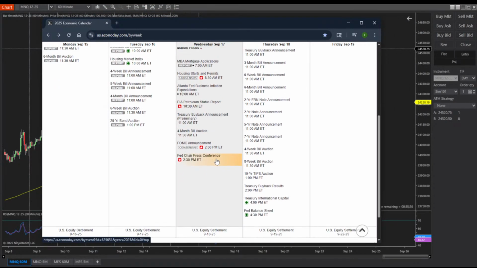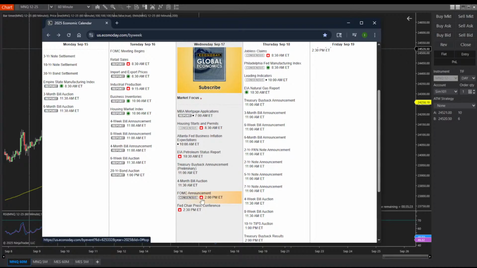So we have the FOMC, it's the one that I'm worried about later on at 2 p.m. Usually these days tend to be very choppy, so I don't really like to trade too long, because you might end up making some profits, but the market gets choppy and you end up giving everything back.